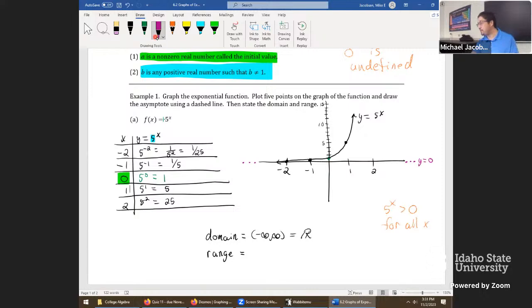Exactly. I like the way you said 0 not included. That means it has to come in exactly like that. And good call. It never actually hits y equals 0. And so that's why we have to put a parenthesis. There's no actual value of 0 in the range whatsoever. But because 0 is not in the range, it also means this: 5^x equals 0 has no solution.